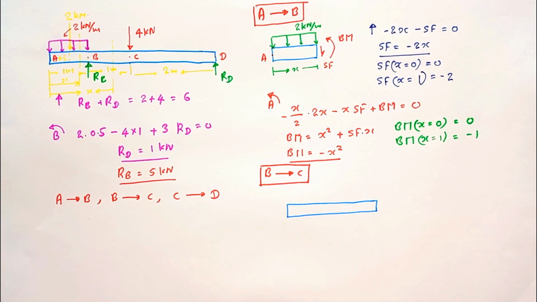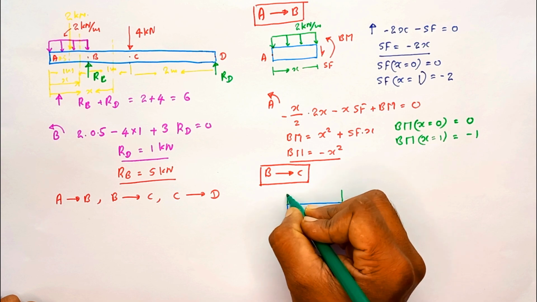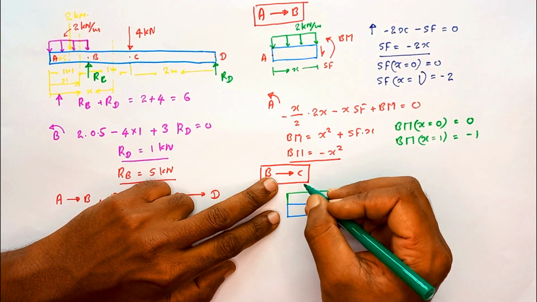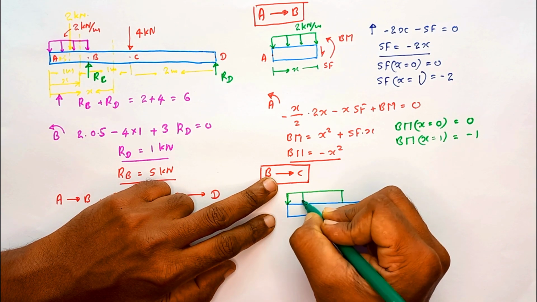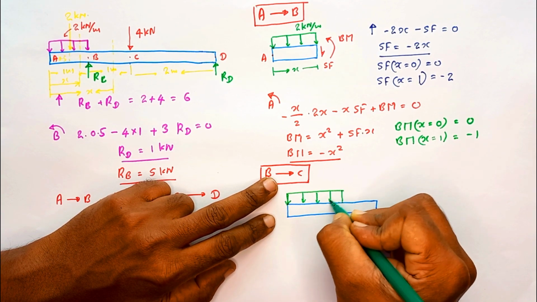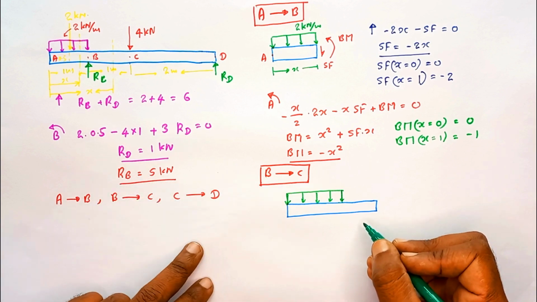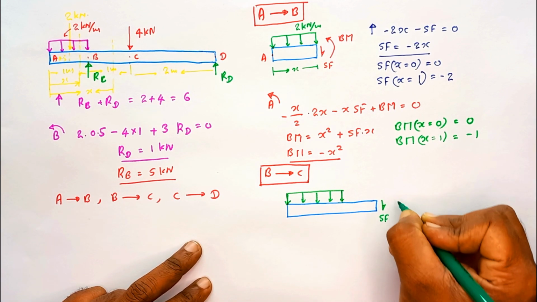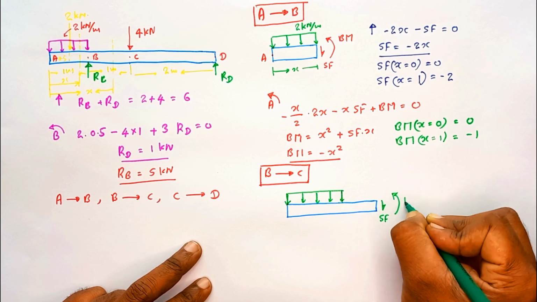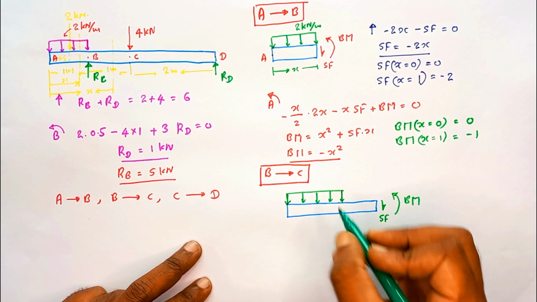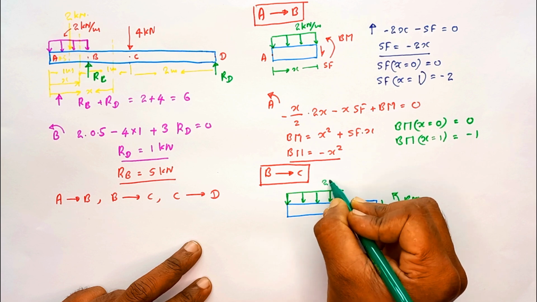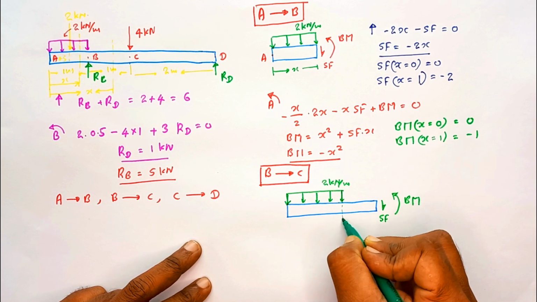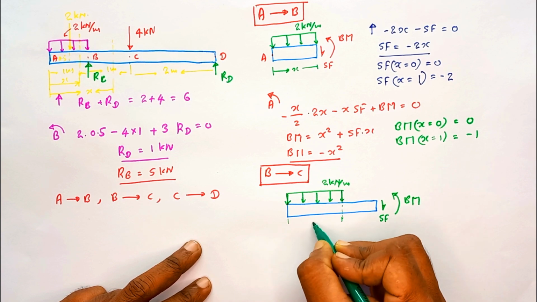Then the distributed load is acting, and the shear force and bending moment. The intensity is 2 kilonewton per meter, acting throughout the length of 1 meter.